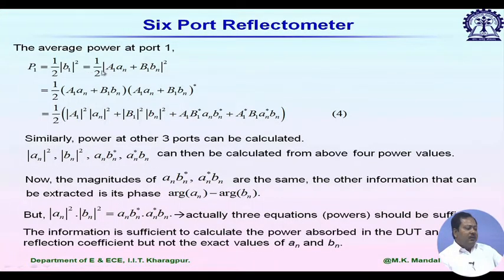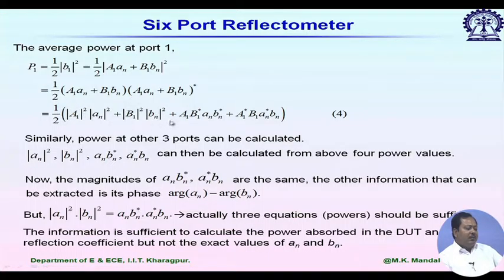So, we can write down then half into A1 an plus B1 bn whole square, or we can also express them like this: A1 an plus B1 bn multiplied by its complex conjugate. Or if we simplify this expression, we can also express half A1 square an square. So, you see it is now having only the magnitude part.